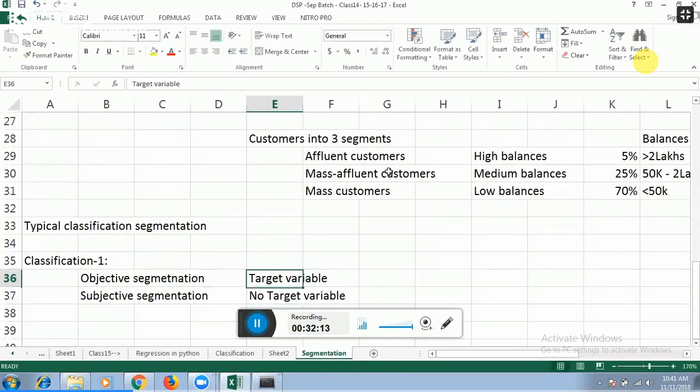A target variable means the Y variable. If you don't have a Y variable, we call it subjective segmentation. When you have a Y variable, we call it objective segmentation. But yes, most of the time, when I refer to segmentation, I'm referring to this one.